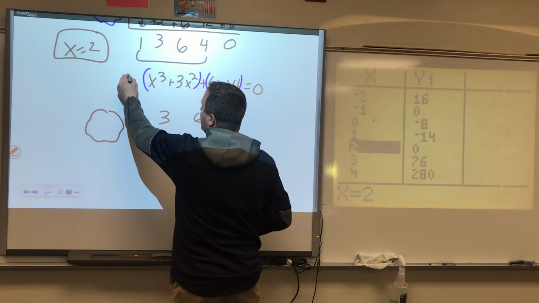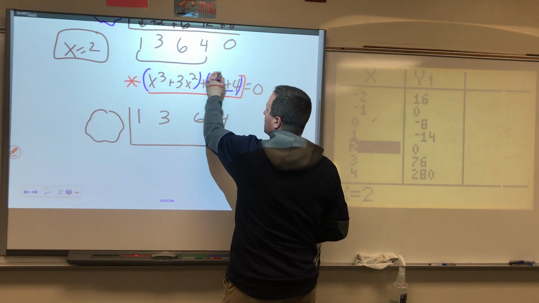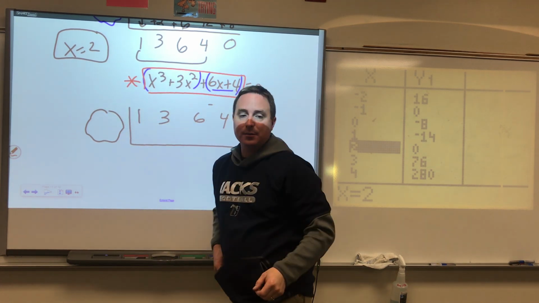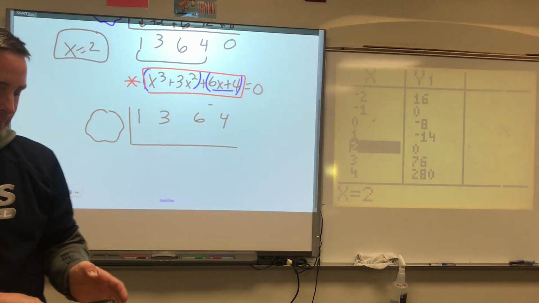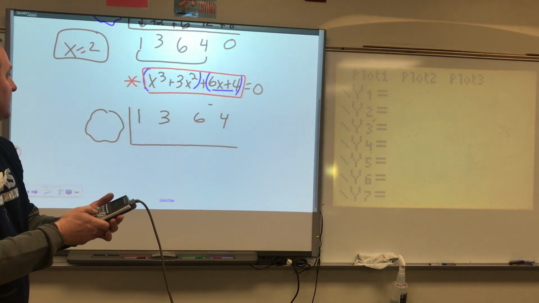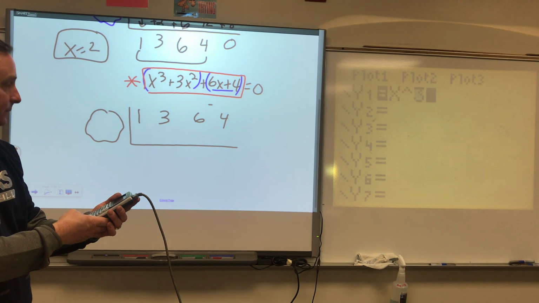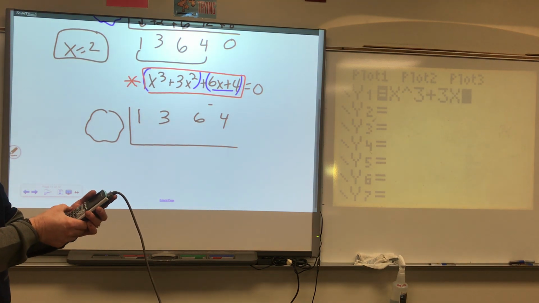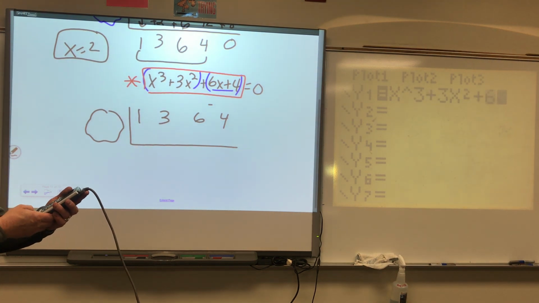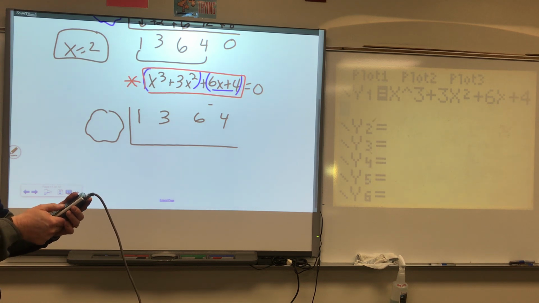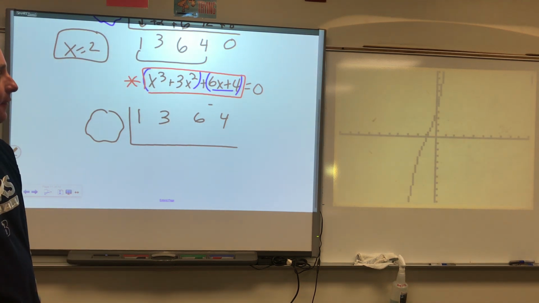And I'm going to graph this equation to see if it gives me a 0. Kind of a weird thing here. But now I'm going to graph x to the third plus 3x squared plus 6x plus 4. And I'm going to graph that. And again, that looks like it's just one solution.